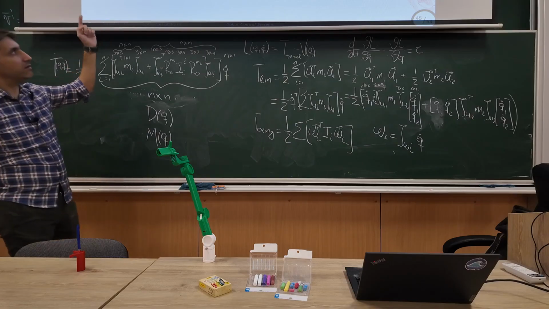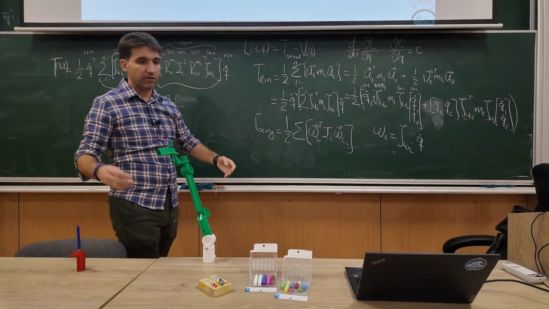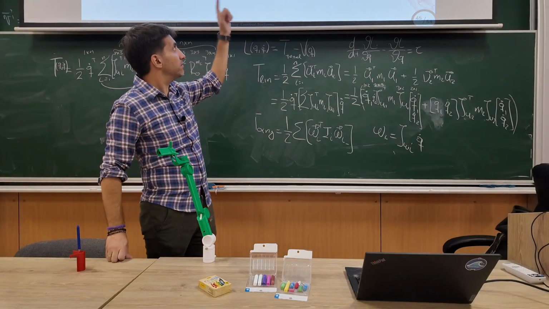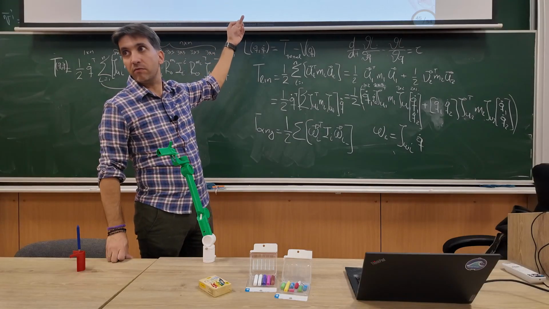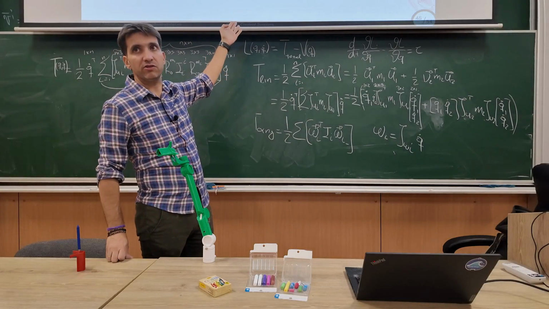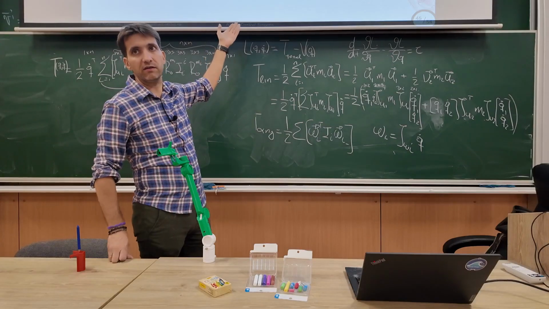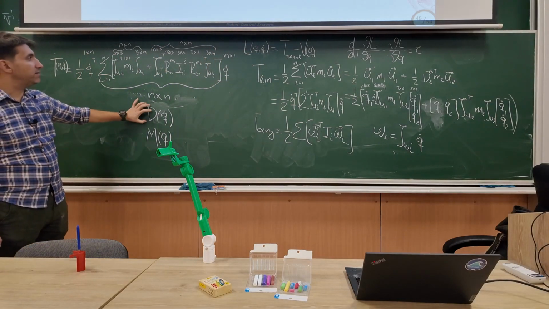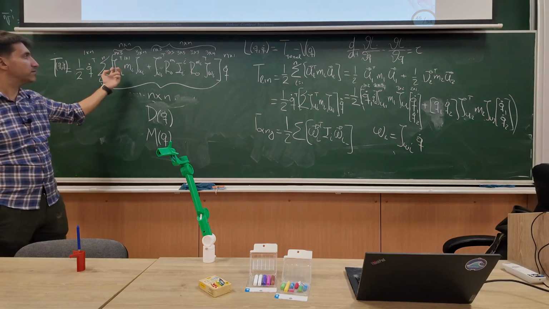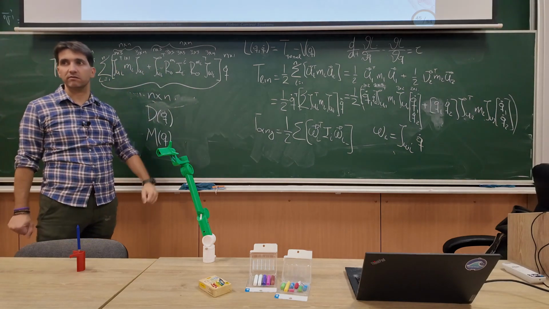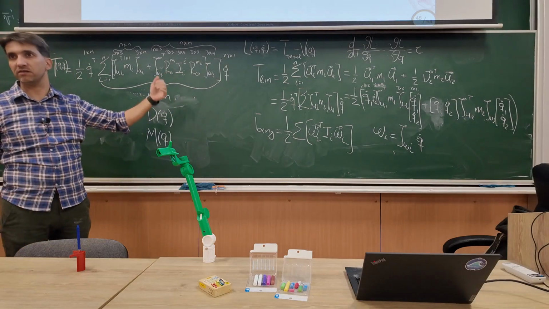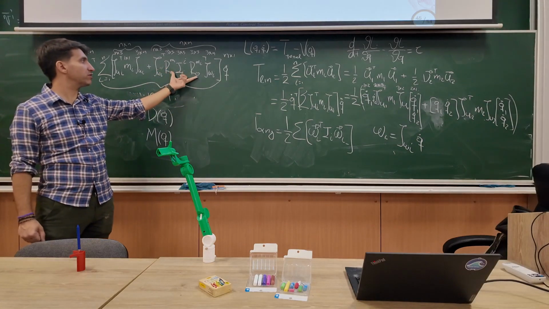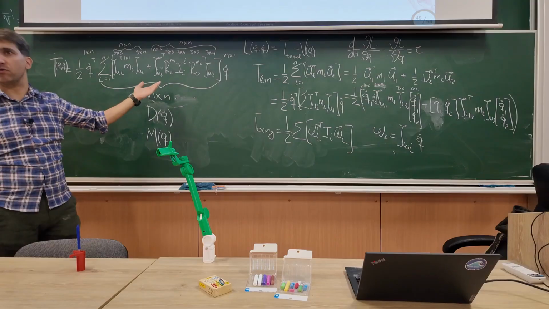So I can write the whole Lagrangian for any robot arm in this form. No matter how many joints, it can have 30 joints, we can still write it like this. That's it. And you see that in order to calculate D, all I need is the masses, the moments of inertia, the Jacobians, basically forward kinematics. The Jacobians is forward kinematics, so the masses and forward kinematics.